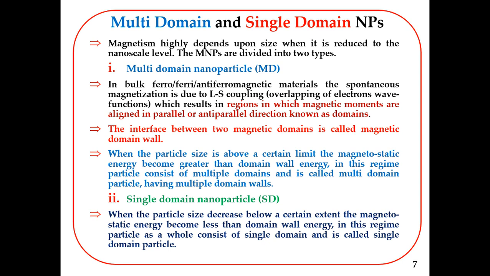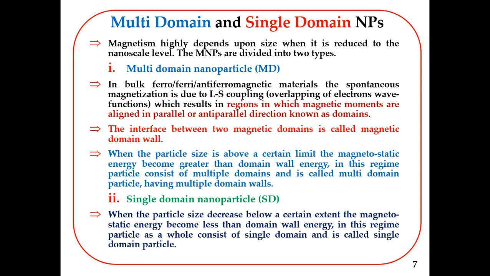In bulk ferromagnetic and antiferromagnetic materials, spontaneous magnetization is due to LS coupling, which results in regions in which the magnetic moments are aligned in parallel and anti-parallel directions, known as domains. The interface between two domains is called a magnetic domain wall.